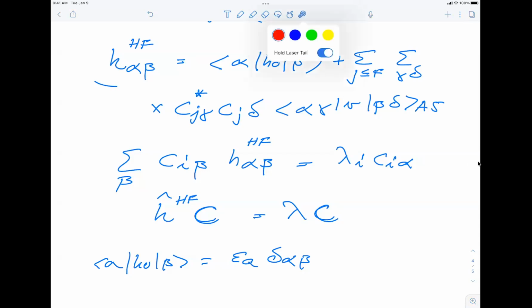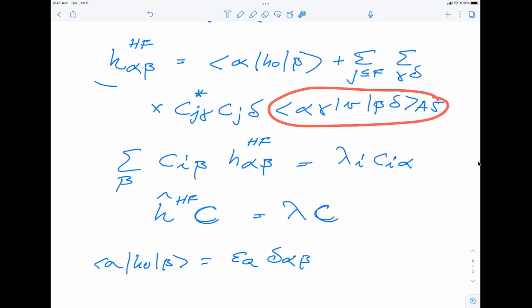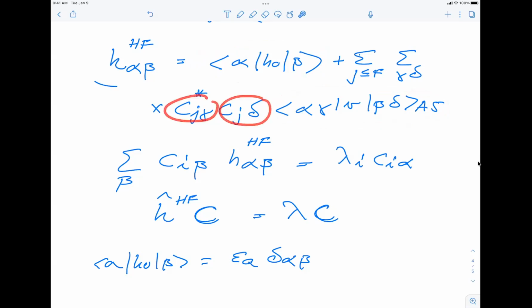Clearly, if your basis is an eigenbasis of H0, then this matrix element here is easy to calculate. On the other hand, if you want the contribution from the potential and plug that into the diagonalization problem, you need a guess for these coefficients.